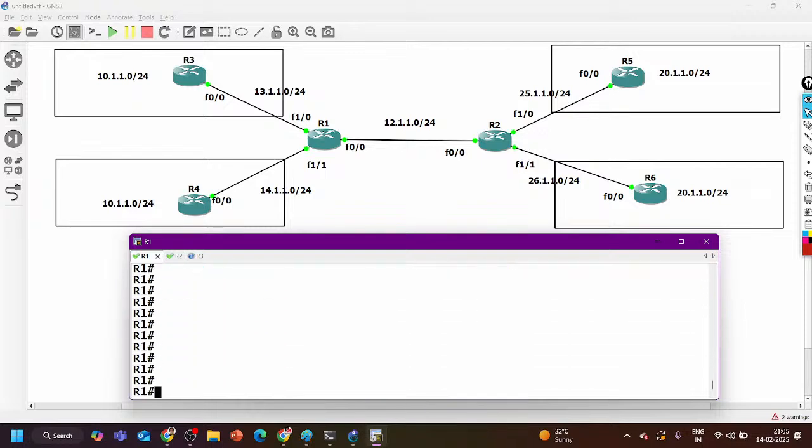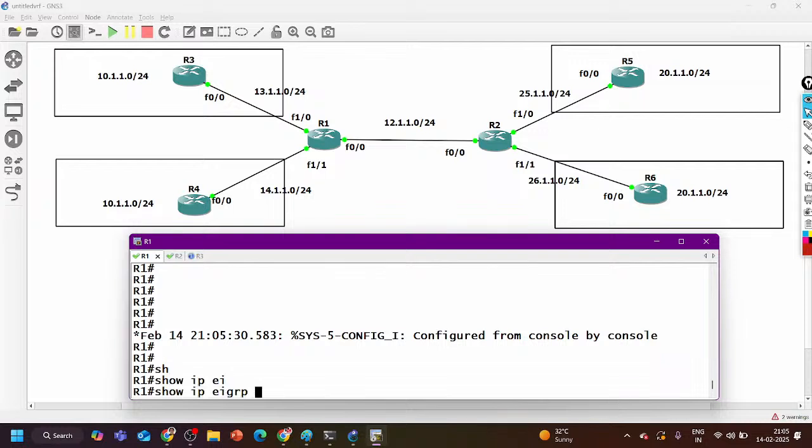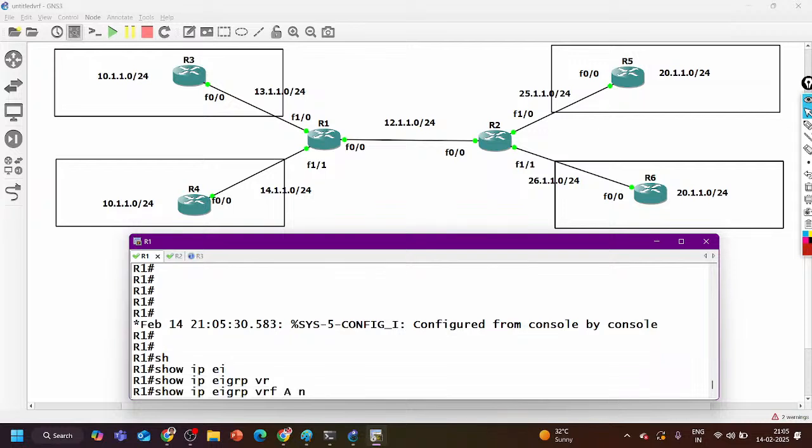Now we have neighborship. So show IP EIGRP VRF A neighbor.